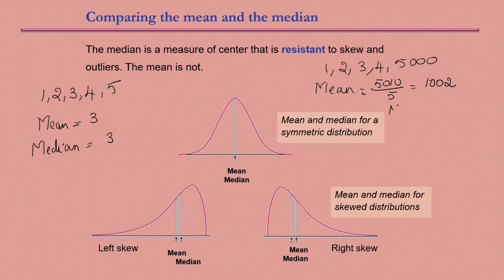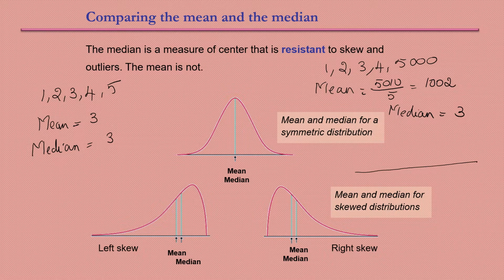The median is the middle term. The middle term is still 3. So the median does not get affected. The median is the same. But the mean, 1002, is pulled towards the outlier 5000.